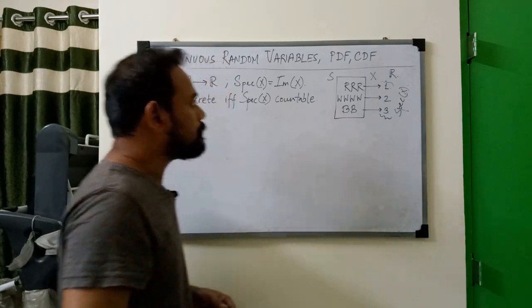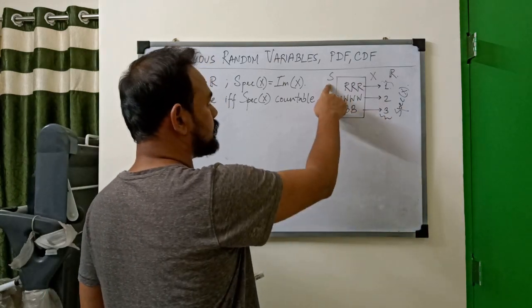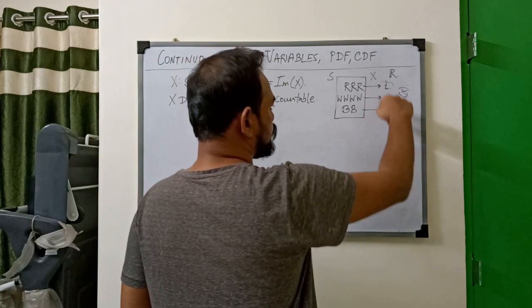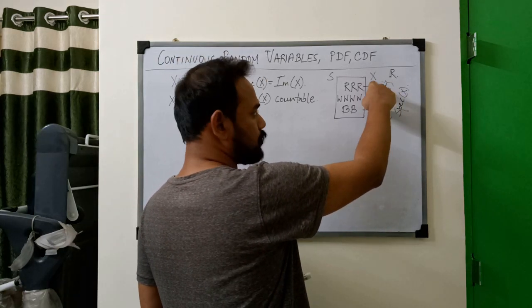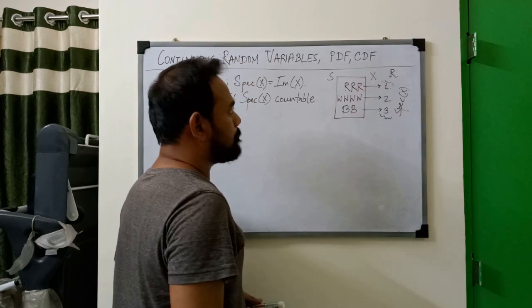These are balls. This big box here is the universal set, which is the sample space S. Of course, 1, 2, 3 are the assignments by X, which is the function assigning numbers to each of these balls.